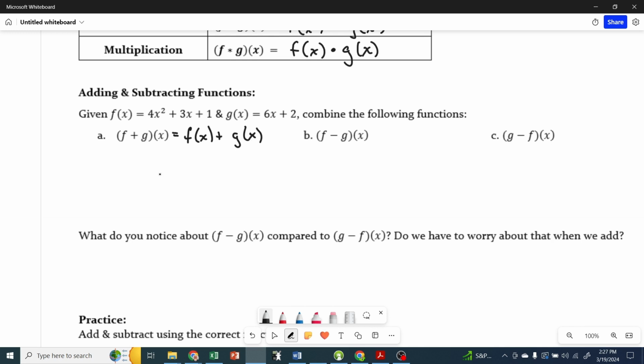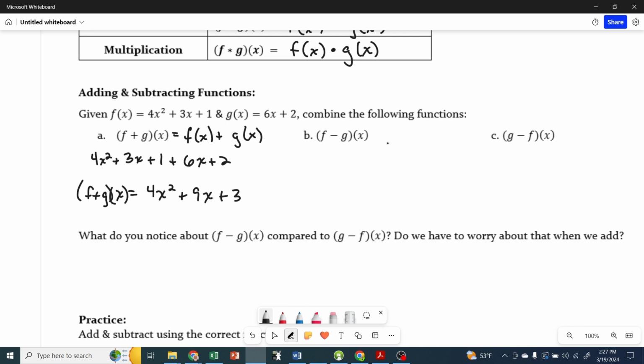So you're going to write 4x squared plus 3x plus 1 plus 6x plus 2. So we just combine like terms now, and so f plus g of x is equal to 4x squared plus 9x plus 3.